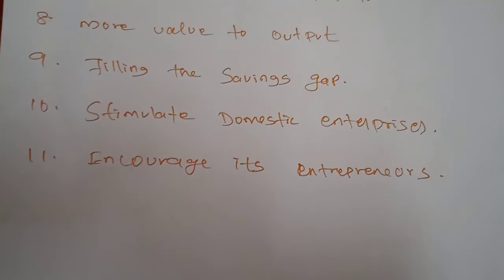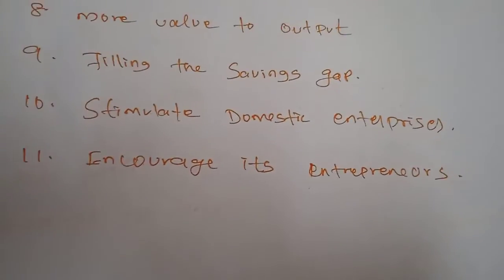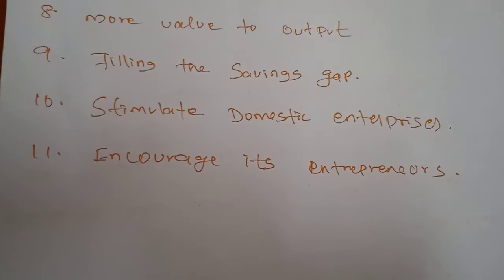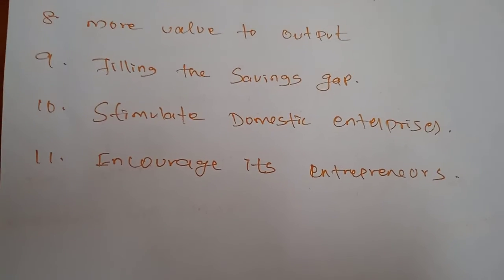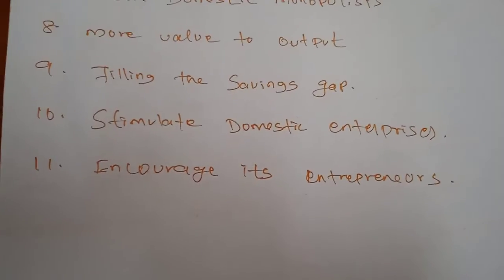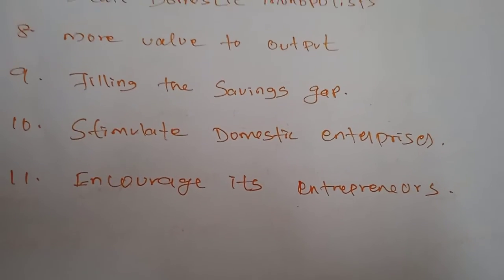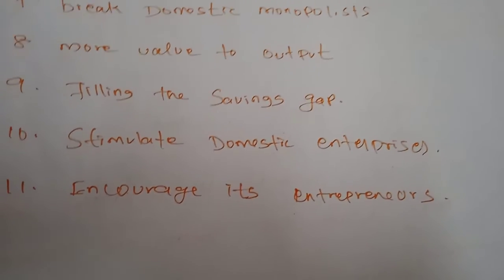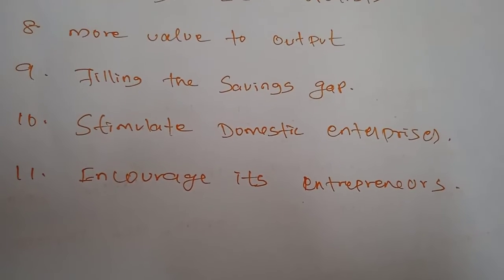Before the arrival of foreign direct investment, domestic enterprises have less stimulating power to increase their production. But after the arrival of foreign direct investment, the foreign investors will increase their production level. So after understanding foreign direct investment, the domestic enterprises will increase their supply of commodities.